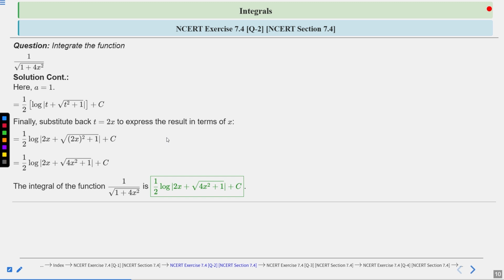So the final answer is 1 by 2 log mod 2x plus root over 4x square plus 1 plus c.